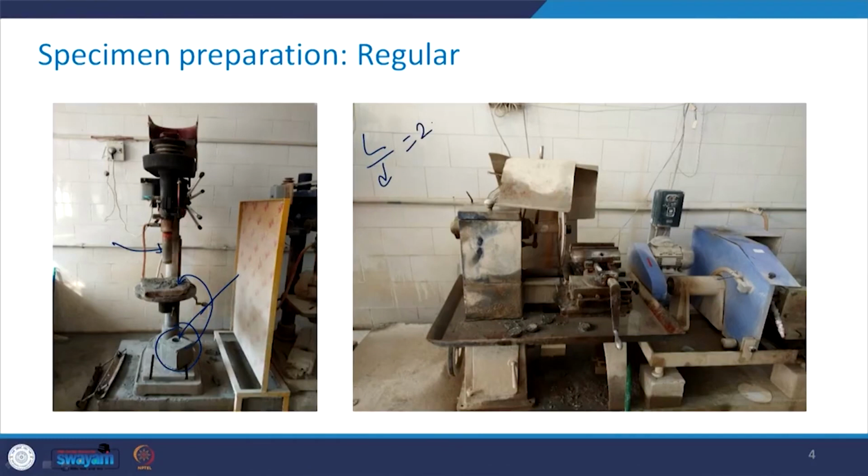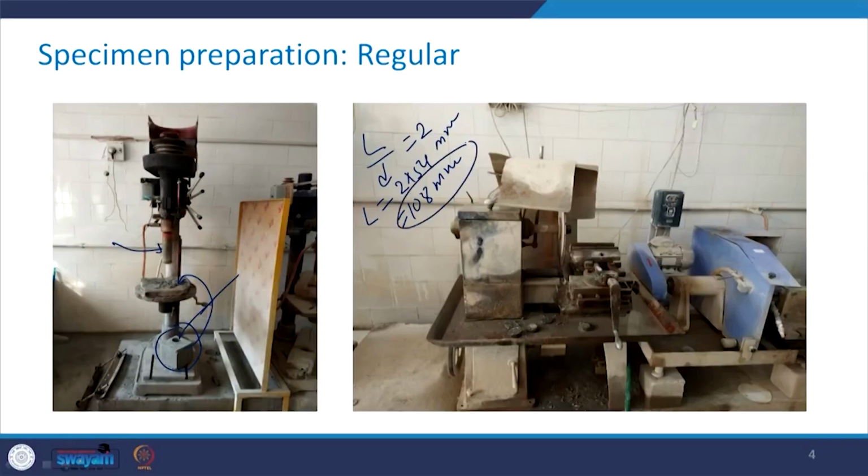Okay, and I want to do it at, let us say, L by D equal to 2. Okay, so what will be L? That will be 2 into 54 mm. That would be 108 mm. So roughly I want to have it in this particular range, the length. Now whatever that I have retrieved, let us say it is say 150 mm.